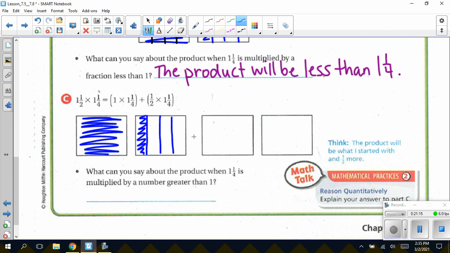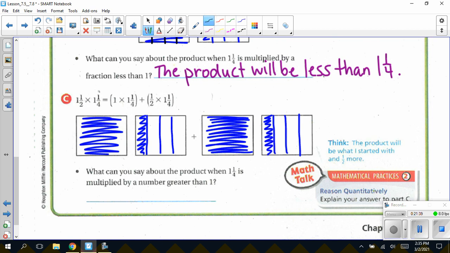So that is giving us our 1 times our 1 1/4. And then we're going to add on the product of B. So if you recall, we shaded in one entire rectangle for B. We then broke apart the second rectangle into 4 equal pieces and shaded 1/4 of it.